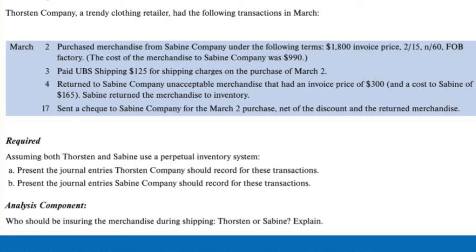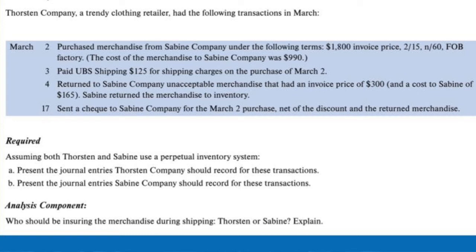The cost of the merchandise to Sabine Company was $990. They paid UPS shipping, $125, and they returned to Sabine unacceptable merchandise that had an invoice price of $300, and they sent a check to Sabine Company on March 2nd for all of this stuff.